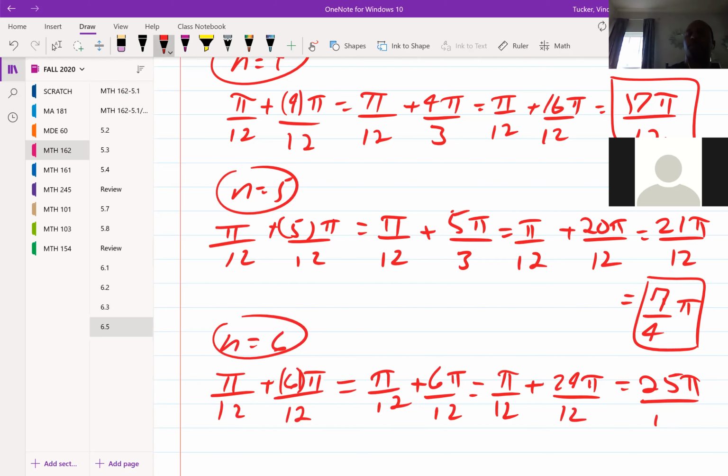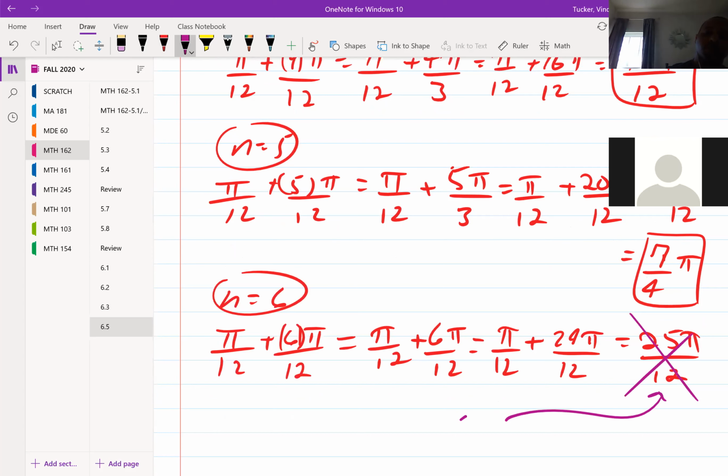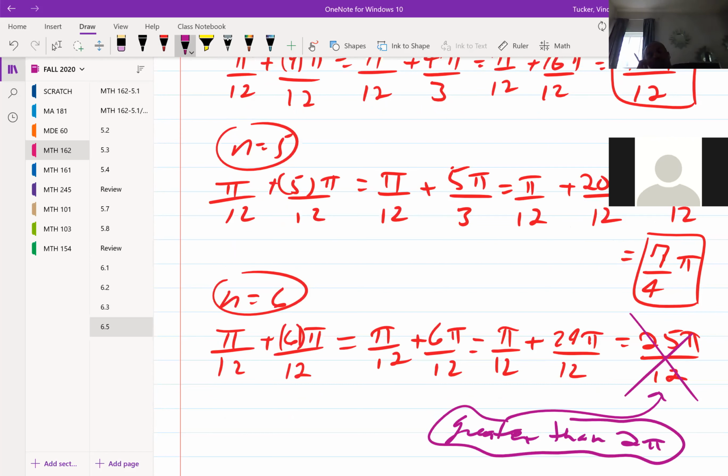So that 25 pi over 12 would be greater than 2 pi.